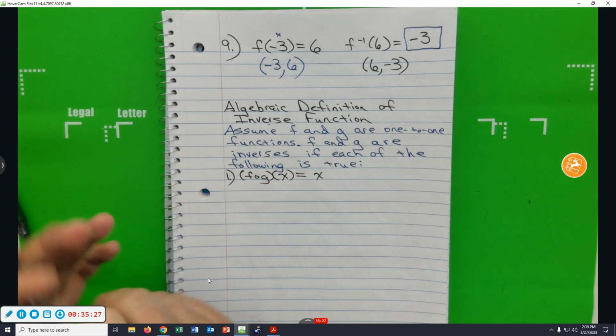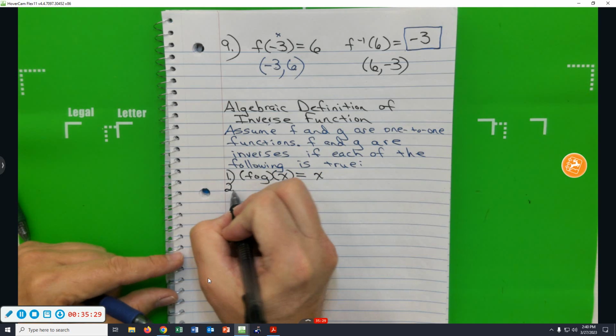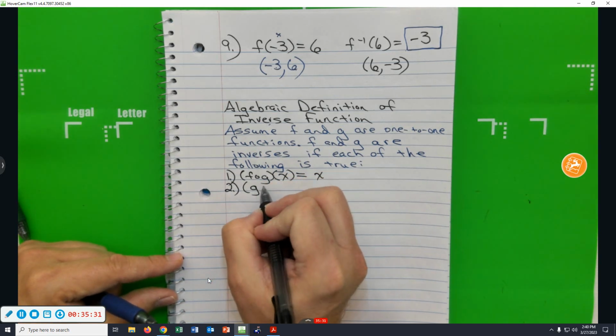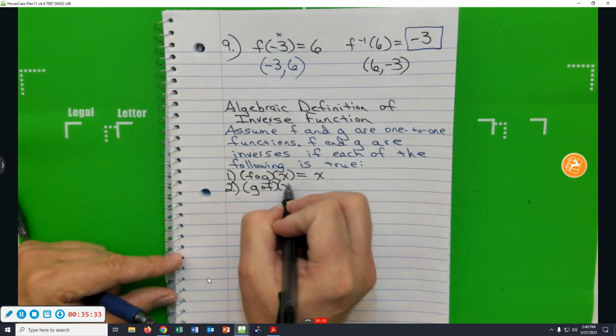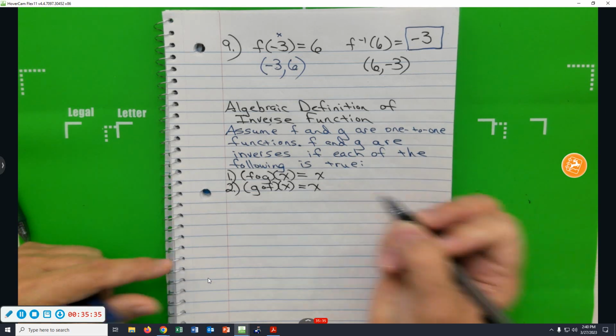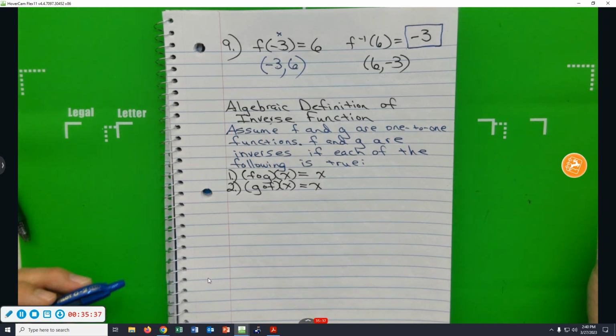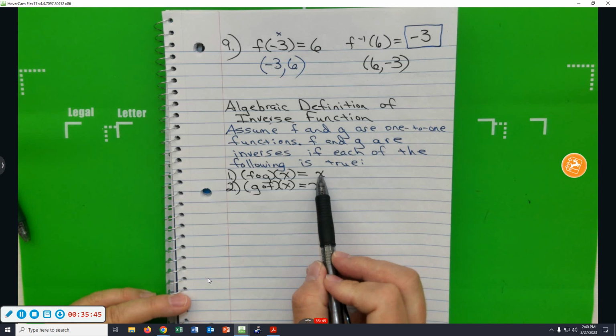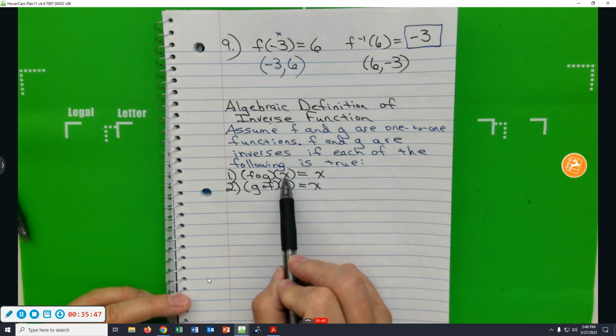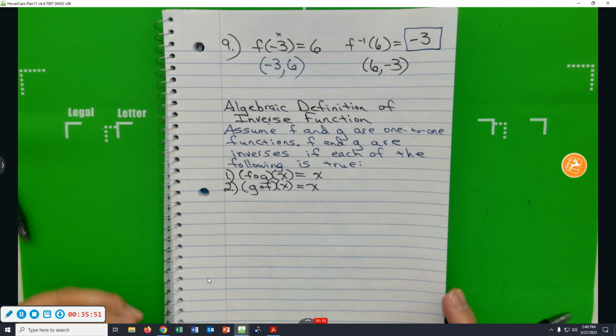And number two, if you reverse the order, g composed with f of x reduces to x for every x in the domain of f. If you can perform the composition in both directions and you always end up where you started, that means the ordered pairs have to be just reversed.